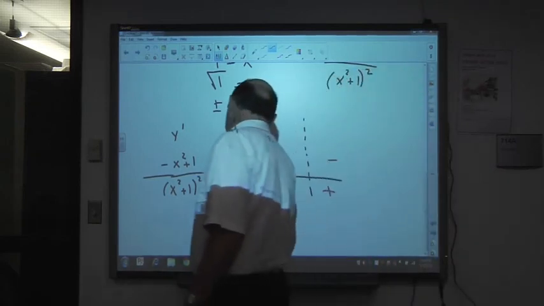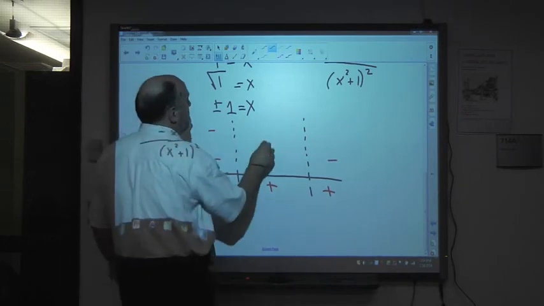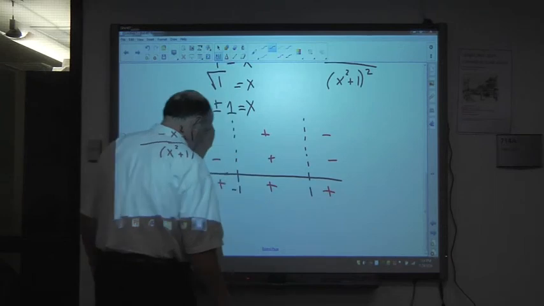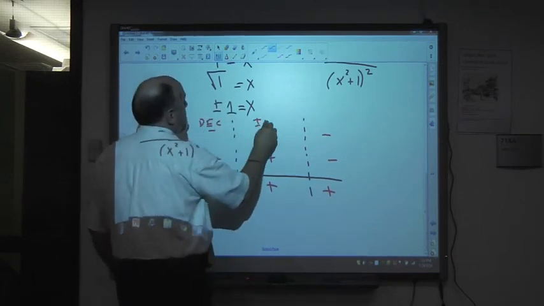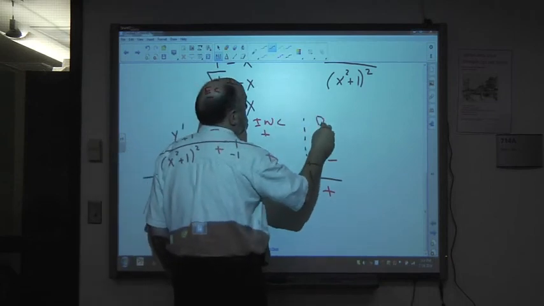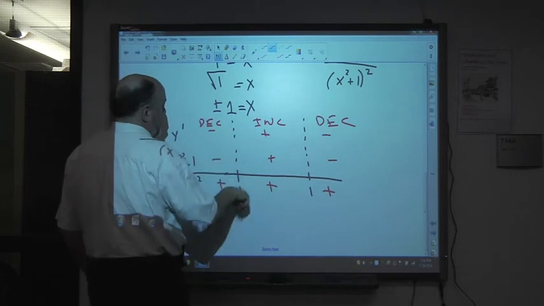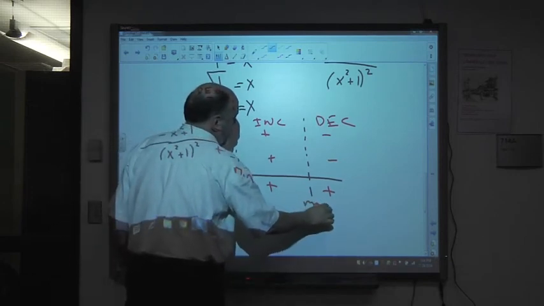So a negative divided by a positive is a negative. Positive divided by a positive is a positive. And then this is a negative. So this is decreasing, increasing, and decreasing. And so this is a min, and then this would be a max.